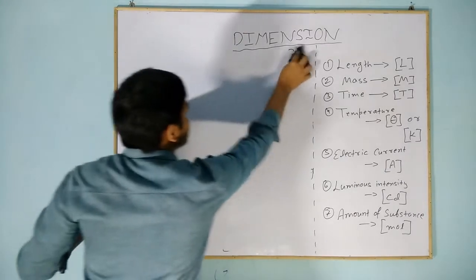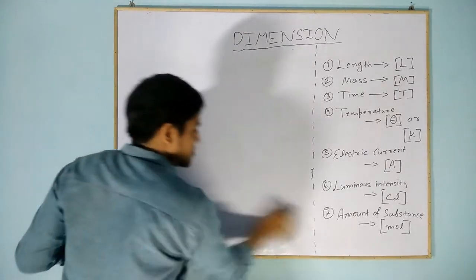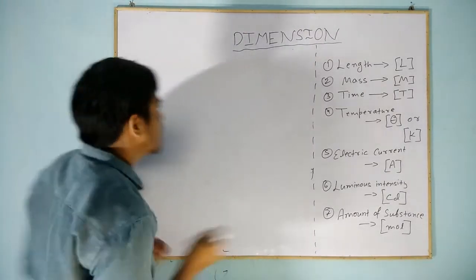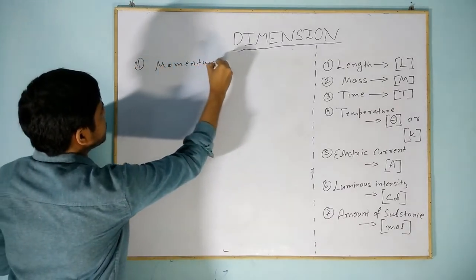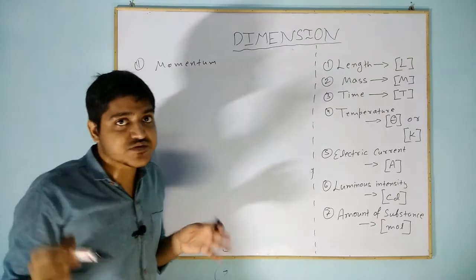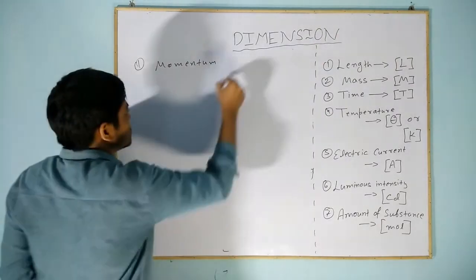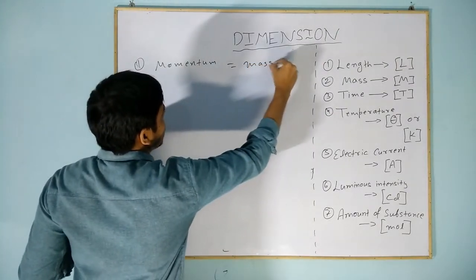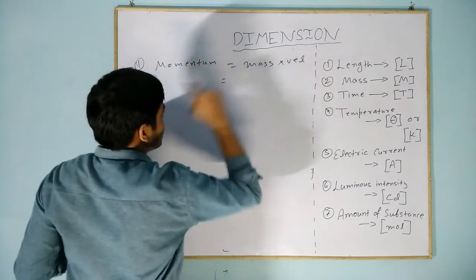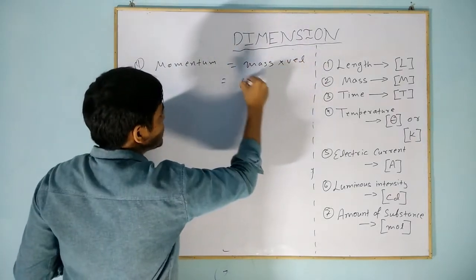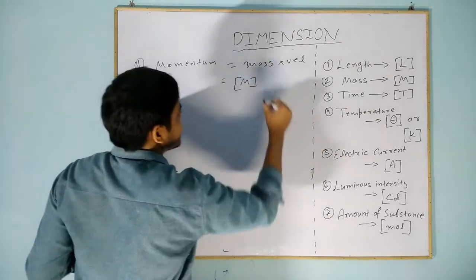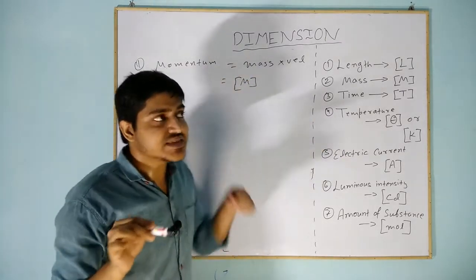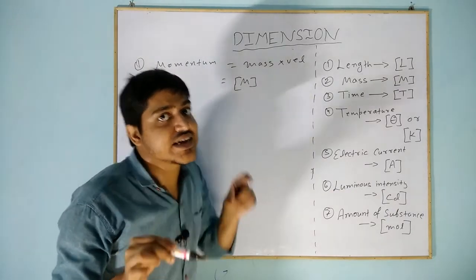Let's talk about some more physical quantities. Momentum, mass times velocity, that is momentum. So momentum is mass multiplied by velocity. Velocity means meter per second, meter in the numerator, second in the denominator.